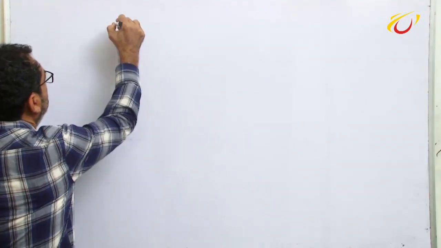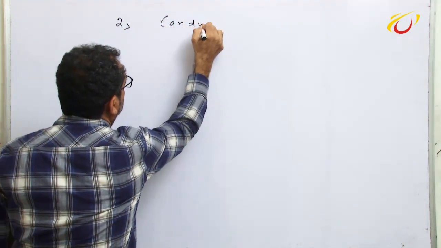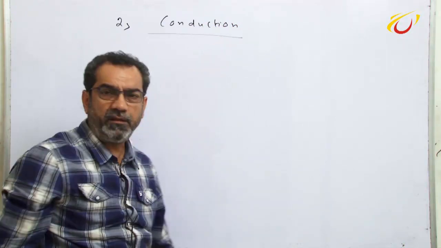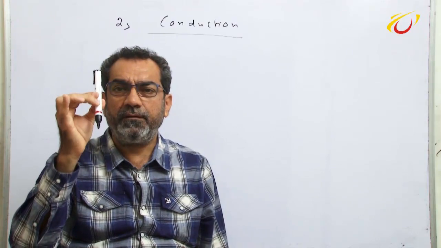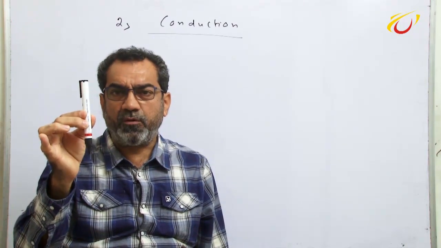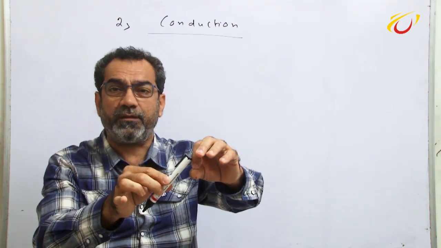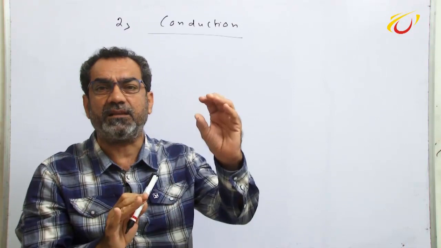Next is due to conduction. Here, you have a charged body and you have to touch a second uncharged body. I repeat, you have one charged body and suppose you have to charge this uncharged body.